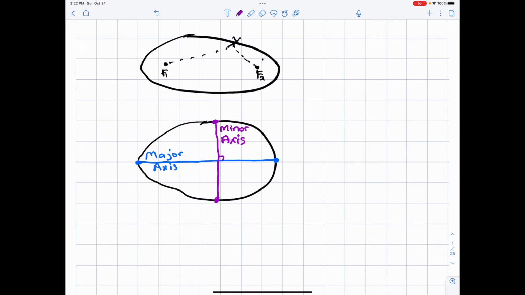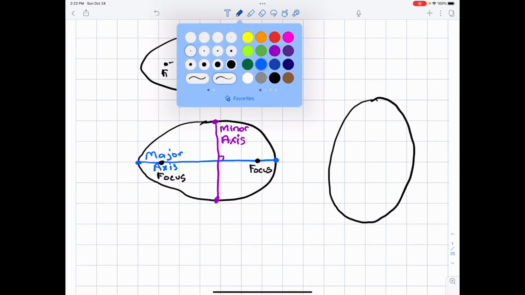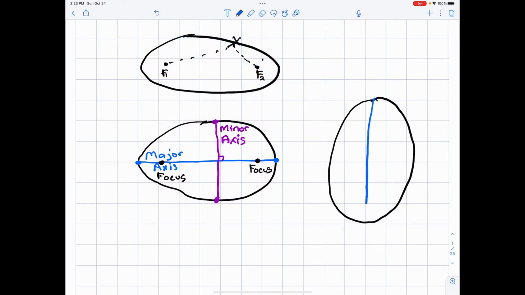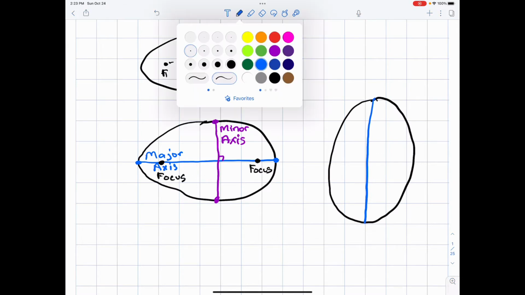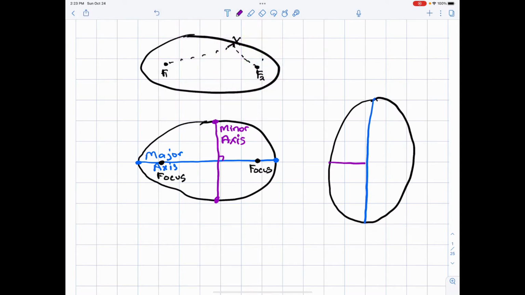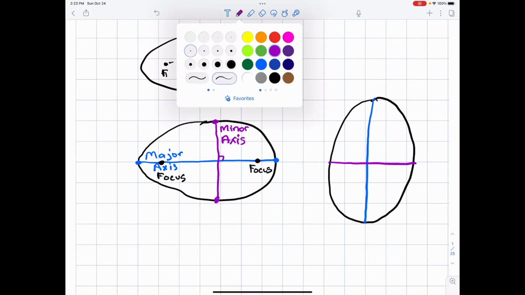Your foci are going to be located along your major axis. So you have 2 focus points, and those foci will be located along the major axis. The major axis is always the longer one. So even if your ellipse is oriented differently, like let's say it's oriented this way, then your major axis would be that longer one, and your minor axis would be the shorter one.